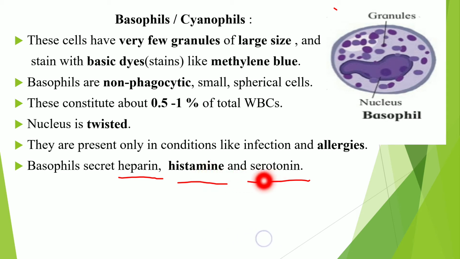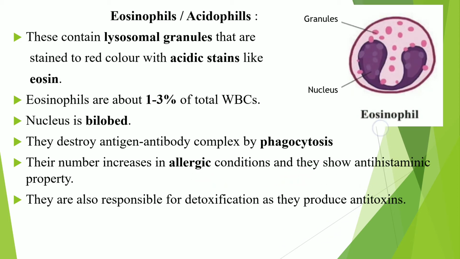Then it also secrete the serotonin. So this serotonin it is the one of the hormone or chemical compound which can helpful for maintaining our happiness or stresslessness. So these are the three chemical compound, that is heparin, histamine, and serotonin. These are secreted by the basophils.